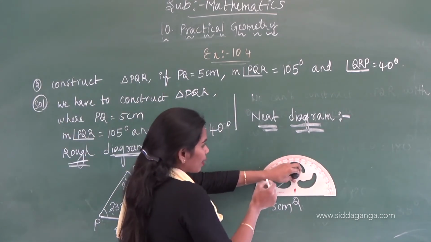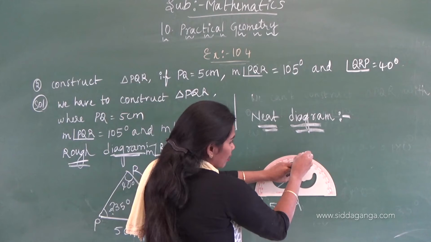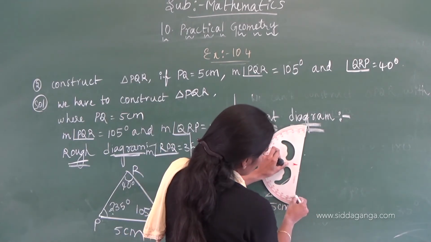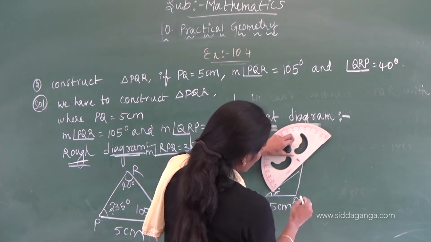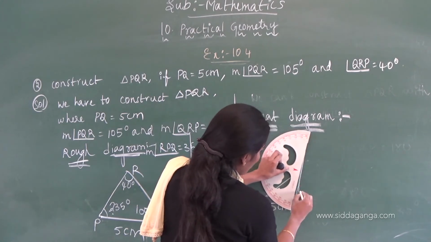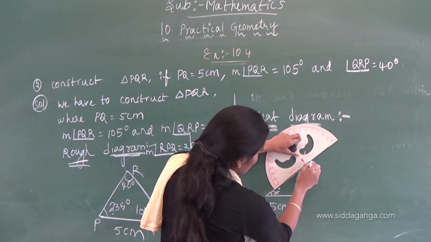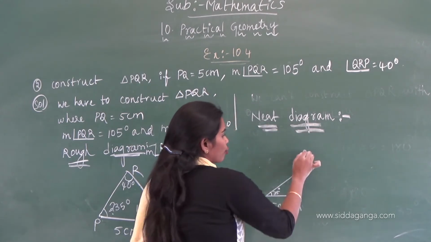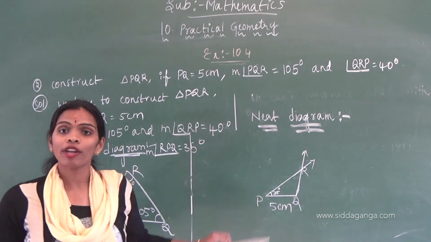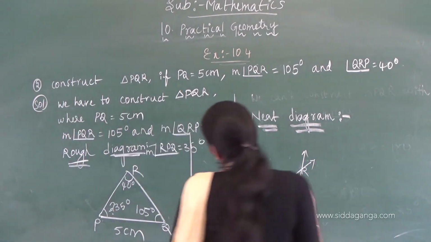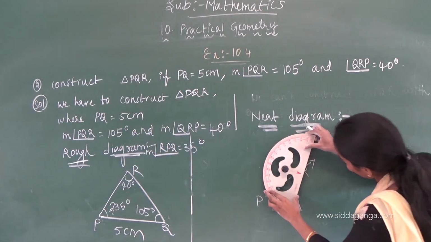I am taking the upper scale here. Here the 105 will come. The angle of intersection of two rays must be equal to R. If you have any doubt, here also we can check the angle. Angle 40 degrees.